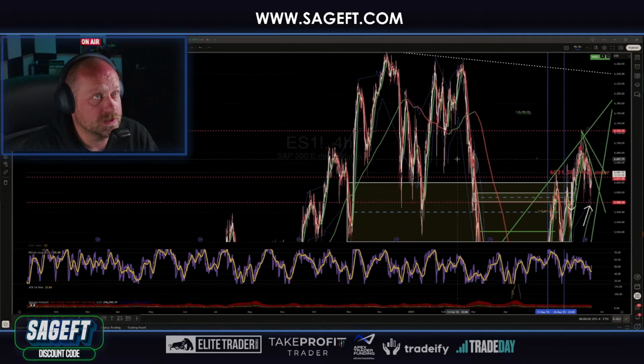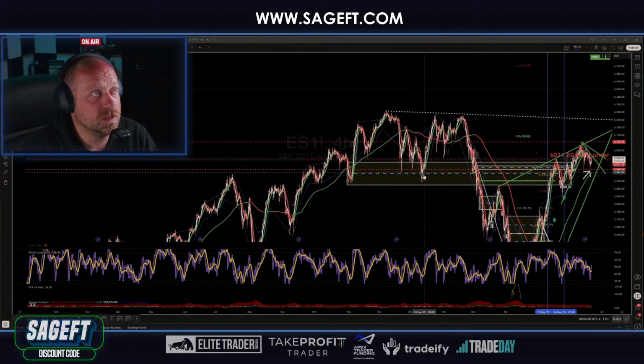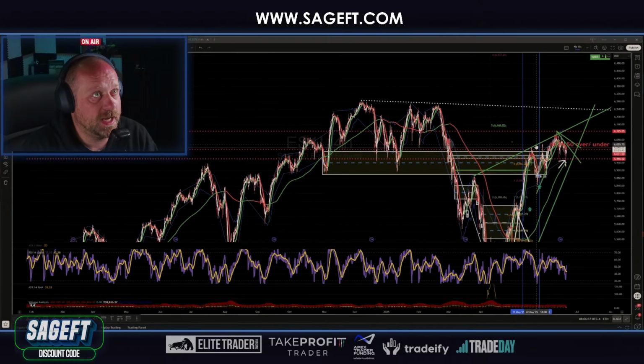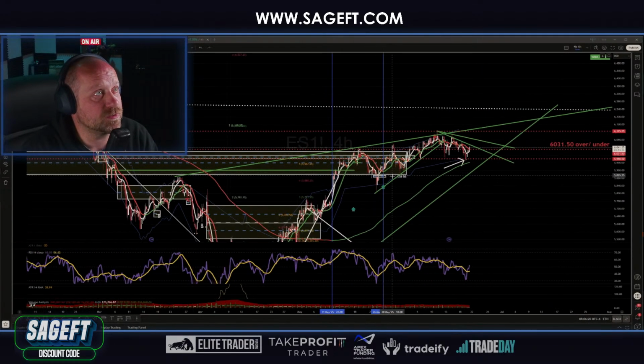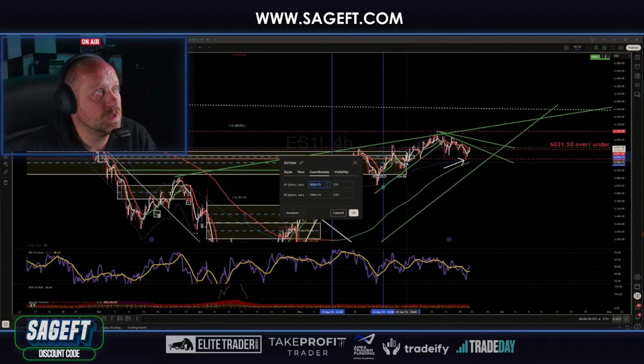Because this breaker block is muy importante, because look at how they held, broke, test, held, test, break, test. Now what? For some weird reason, I cannot move this stupid thing. I don't think it's locked. I don't know.